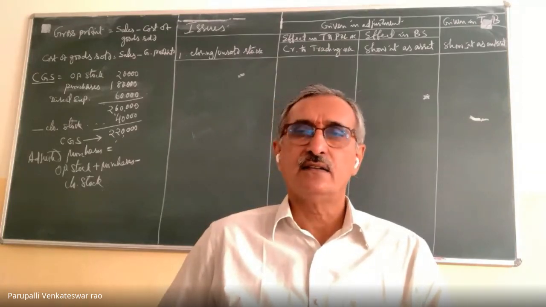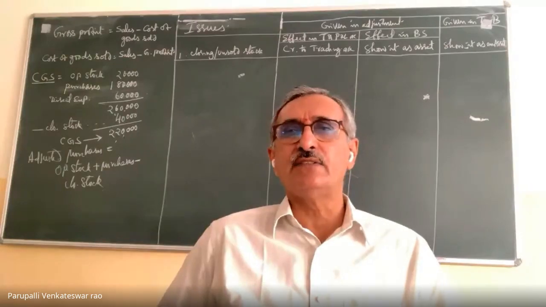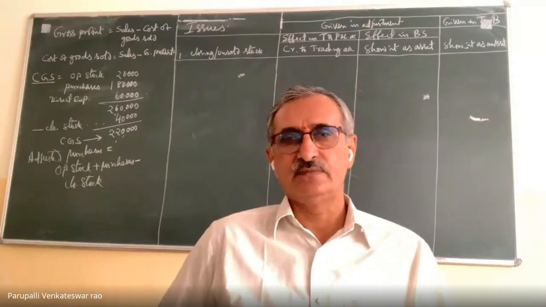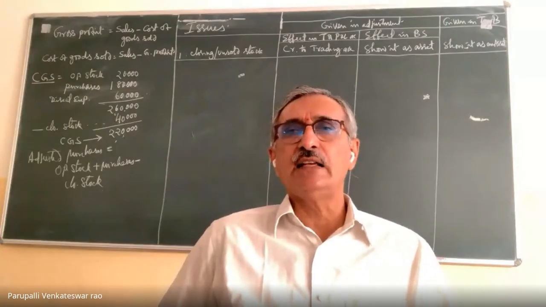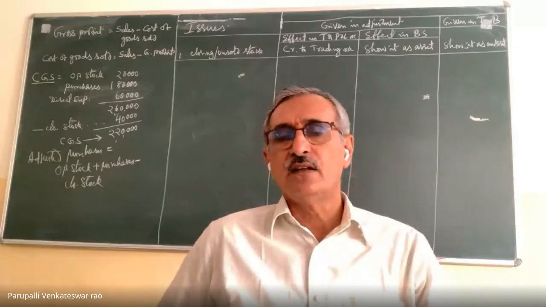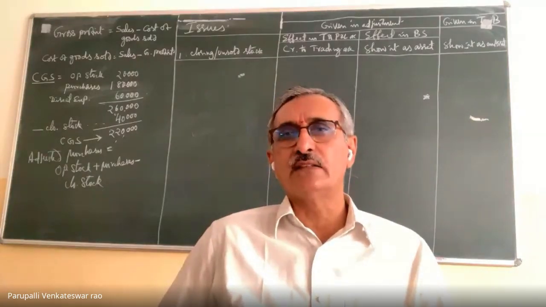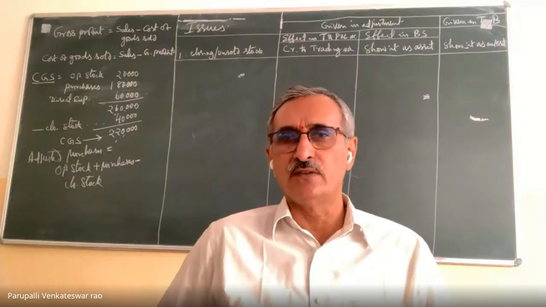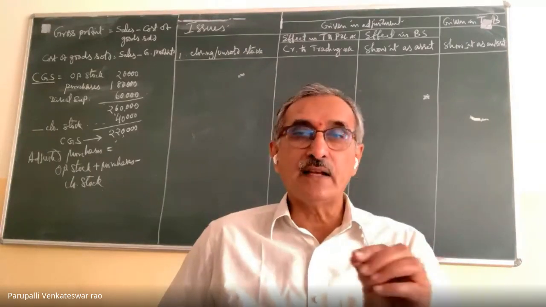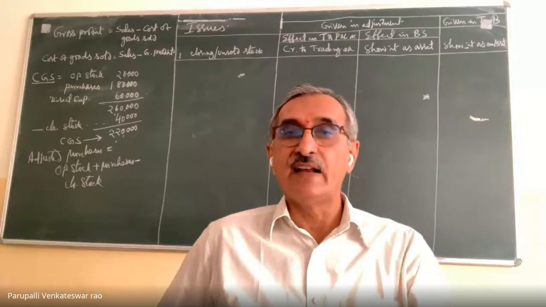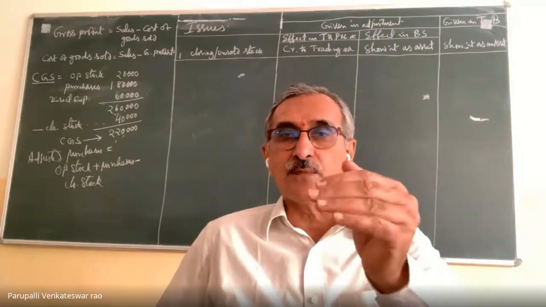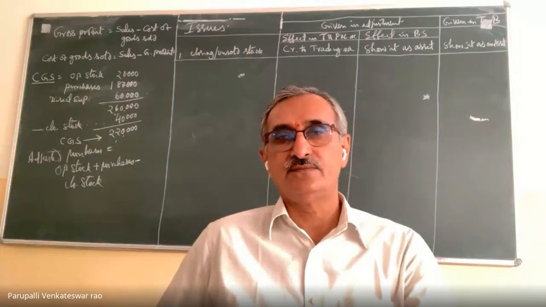Like that. There may be some adjustment regarding some expenses payable. Example, salaries for the last month, the 12th month, of a year of 12 months. Last month's 12th month salaries are not paid, 10,000 rupees. You have to give a journal entry. How is it to be recorded in the final accounts? So this is to be incorporated in final accounts.